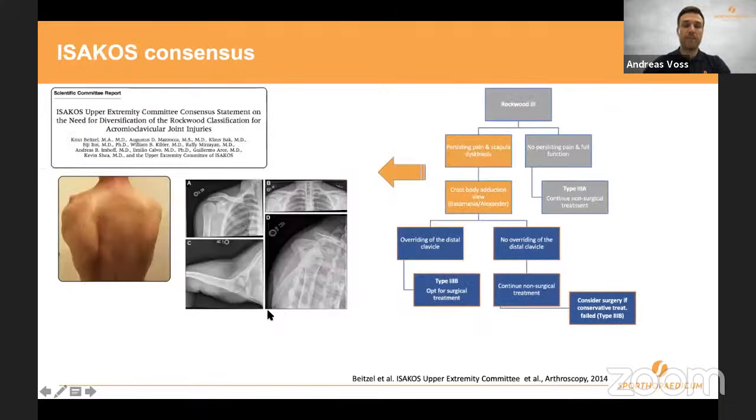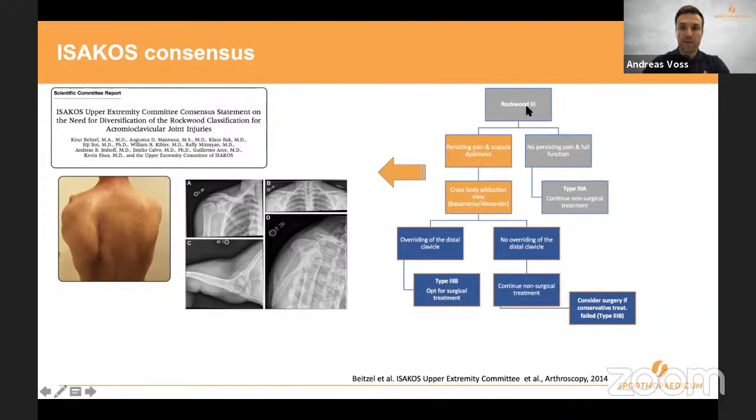horizontal instability. Also, the ISAKOS consensus, which was published in 2014, distinguishes grade 3 from grade 4, and from 2 and 4. So basically, there's a type 3A and a type 3B. B means there is horizontal instability, and type A is with no horizontal instability.